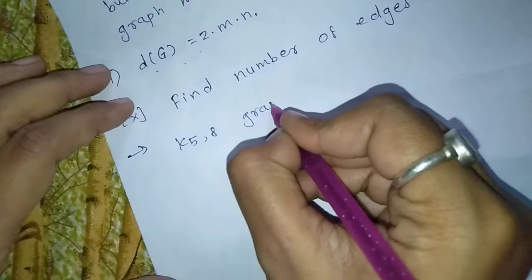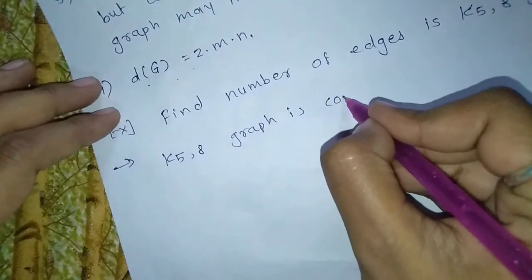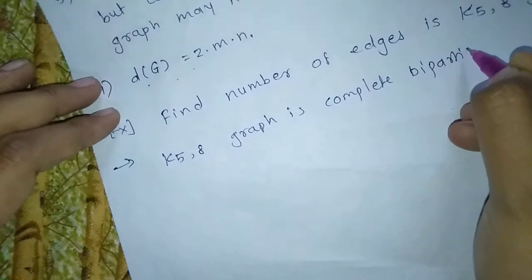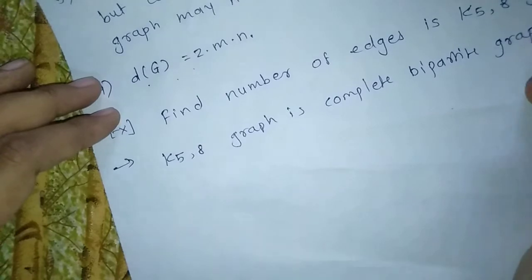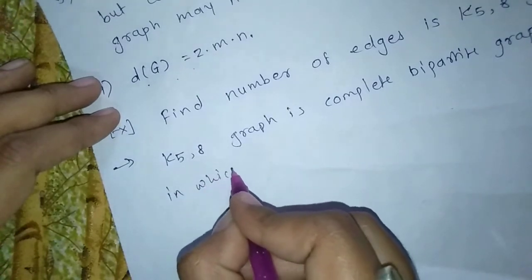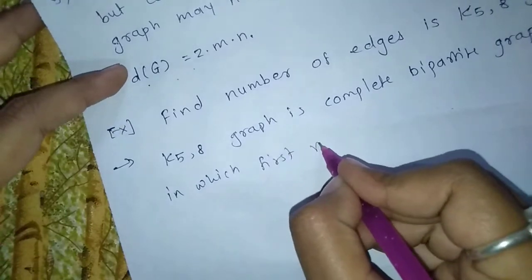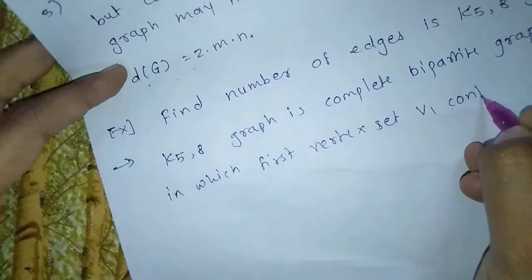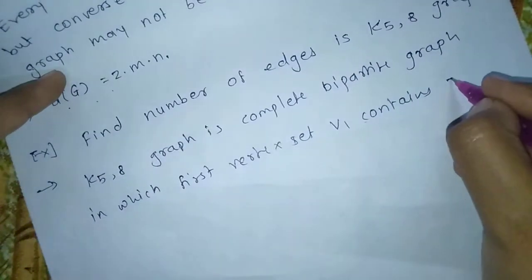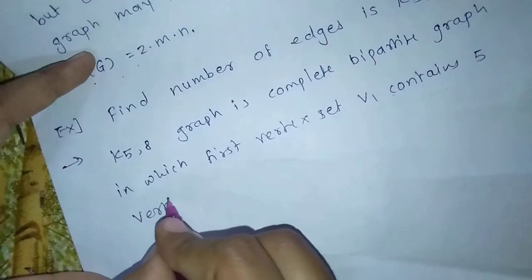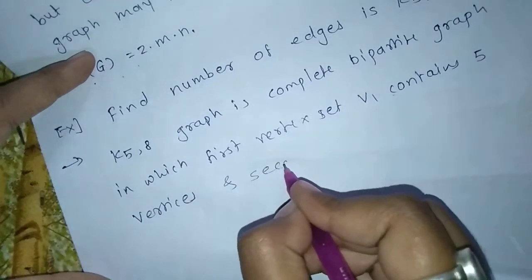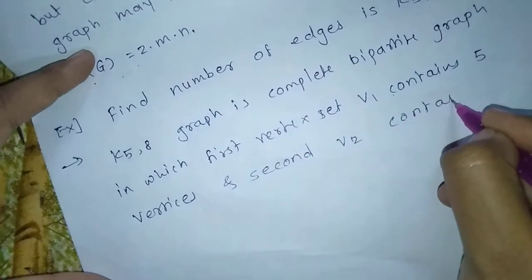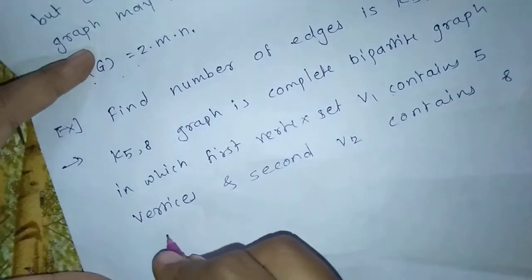K(5,8) graph is a complete bipartite graph in which the first vertex set V1 contains 5 vertices and the second V2 contains 8 vertices.